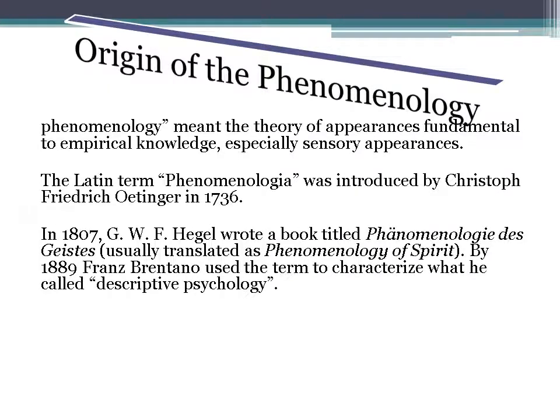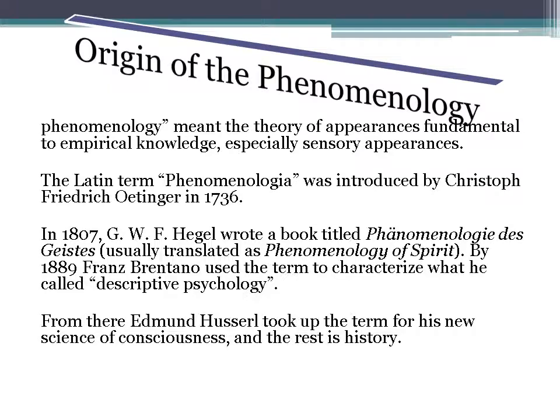In 1807, G. Hegel wrote a book titled Phenomenologie des Geistes, usually translated as Phenomenology of Spirit. By 1889, however, Franz Brentano used the term to characterize what he called descriptive psychology. From there, Edmund Husserl took up the term for his new science of consciousness, and the rest is history.